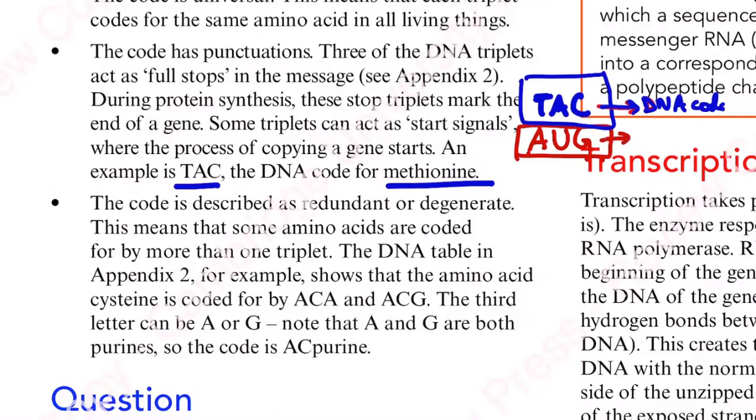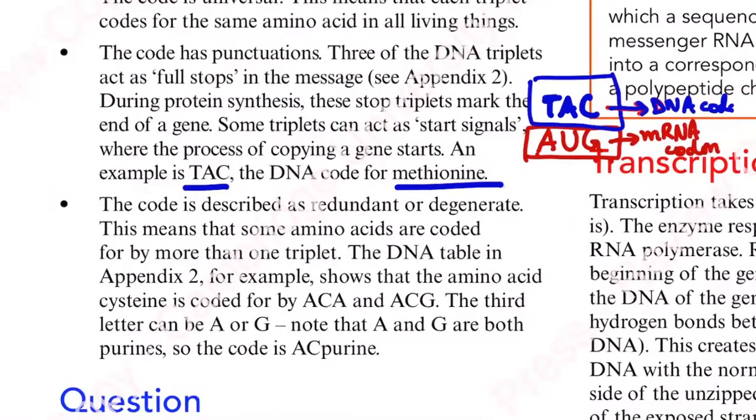This is the mRNA codon. अब इसमें से आप anticodon बनाओ, आलिया. Miss, UAC. ठीक है? So this will always be the start codon, the start anticodon and the start DNA code, and all these code for the same amino acid, which is methionine.